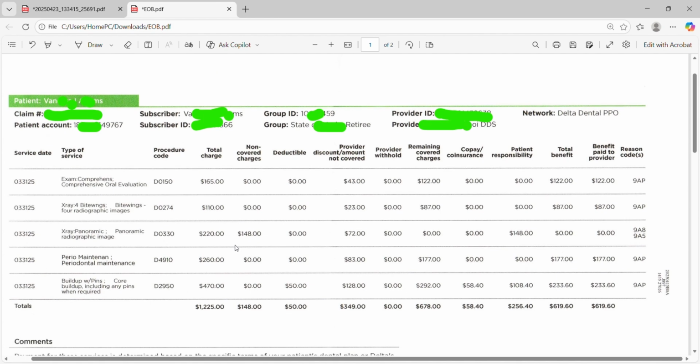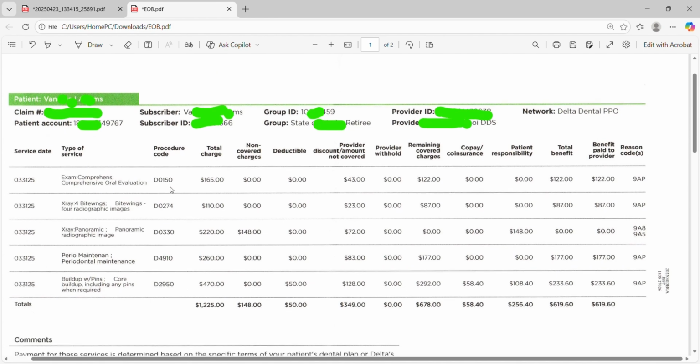Alright, so for D0150, the total charge, or the billed amount, is the office fee schedule. The office fee schedule for this procedure is $165. Then it says here provider discount amount not covered, also known as write-off. The write-off, or provider discount, is $43. So this should be the patient's discount.